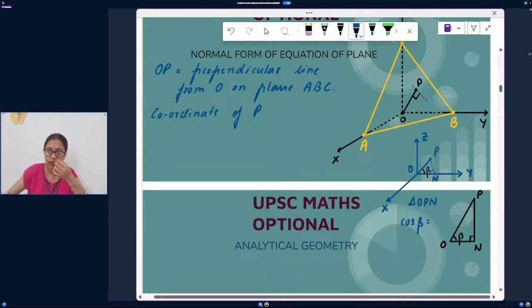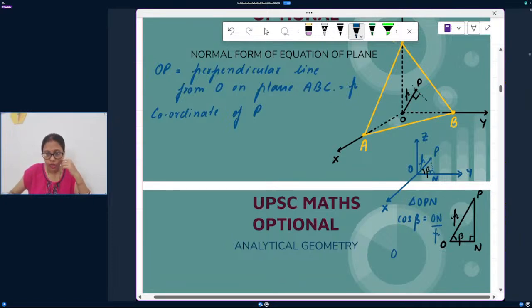If I take this perpendicular distance to be small p, so this is small p. All right. So what is base? Base is ON. ON by hypotenuse. Hypotenuse is p.